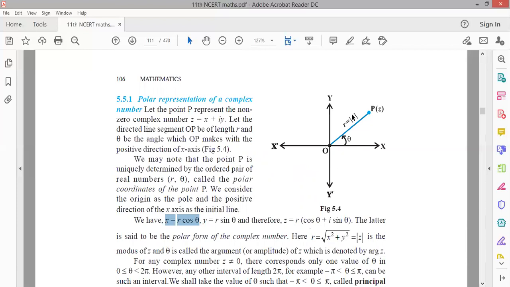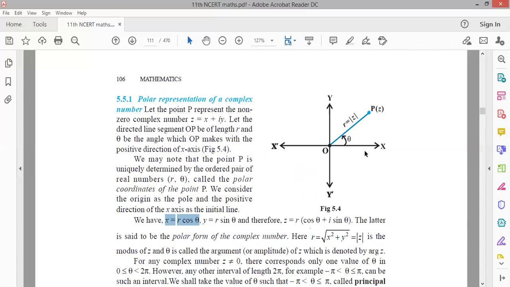Base is x and hypotenuse is r, the modulus of z. r is a symbol that represents the modulus of z. So by the definition of cos, we have x equal to r cos theta.